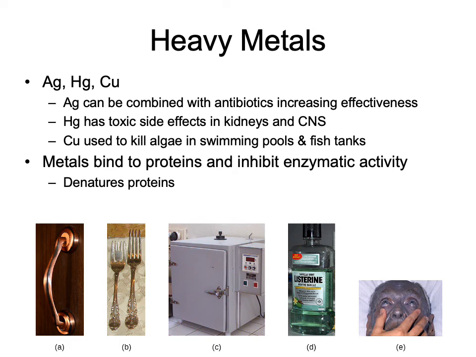So mercury is used very sparingly now. Copper has been used to kill algae in swimming pools and fish tanks. You can line incubators with copper so that when you put in your bacteria cultures, the bacterial cultures will not grow on the walls or the floor of the incubator.